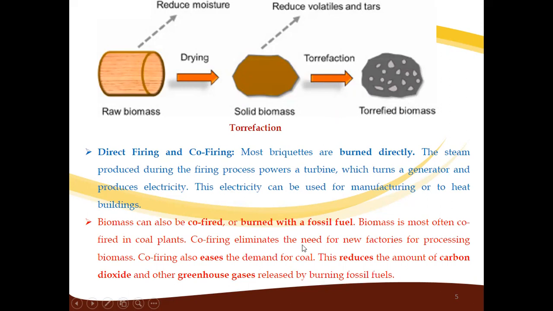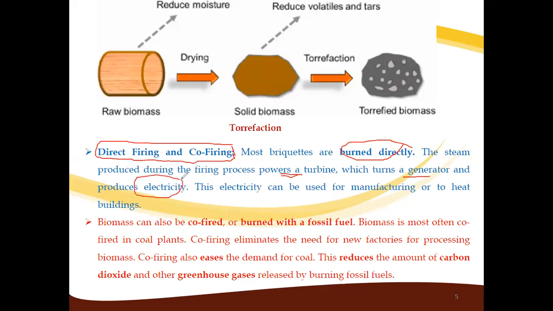Now we have another method of thermal conversion, that is direct firing and co-firing. So these are the two terms. One is direct firing and another one is co-firing. After torrefaction, most of the briquettes are burned directly, and the steam produced during this firing process powers the turbine, which turns the generator and produces electricity.